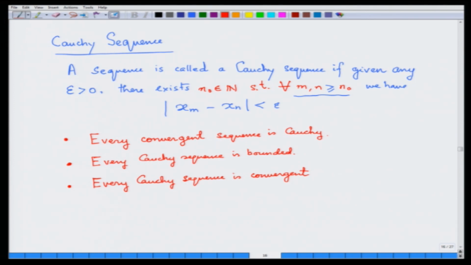For example, if I just look at it as a problem and I want to prove every convergent sequence is Cauchy, how do I do it?